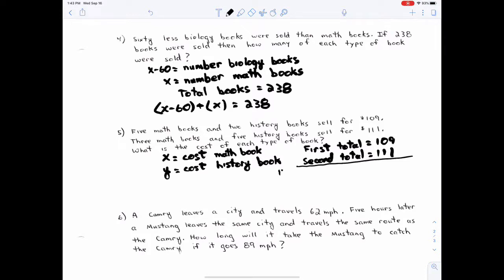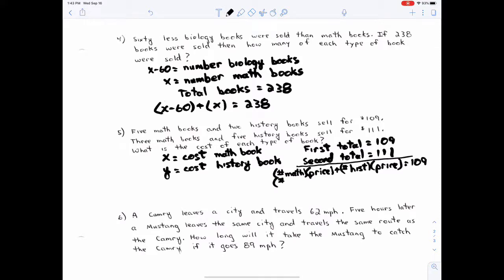Well, what's that? The number of math books times the price plus the number of history books times the price. And again, you can abbreviate. And then we'll do the exact same thing for the second day.